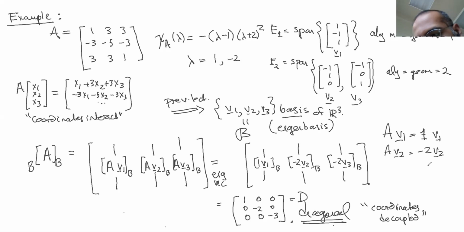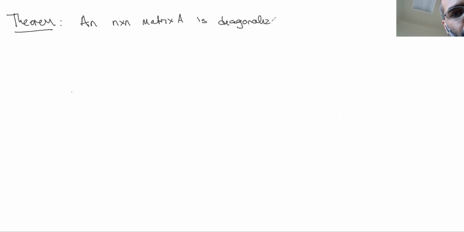So the point is that this is not an accident, and this always happens. A is diagonalizable, which means similar to a diagonal matrix, if and only if A has n linearly independent eigenvectors.